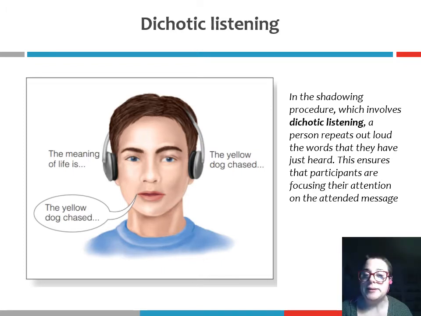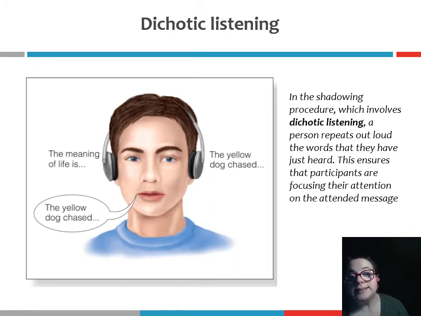The participant's task in this experiment is to focus on the message in one ear, called the attended ear, and repeat what they hear out loud. In this example, it's the right ear, and they have to repeat back that message verbatim.